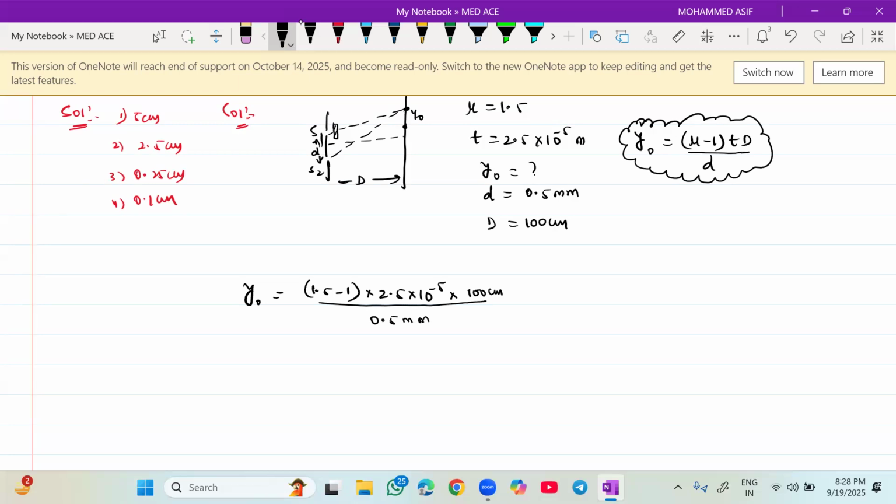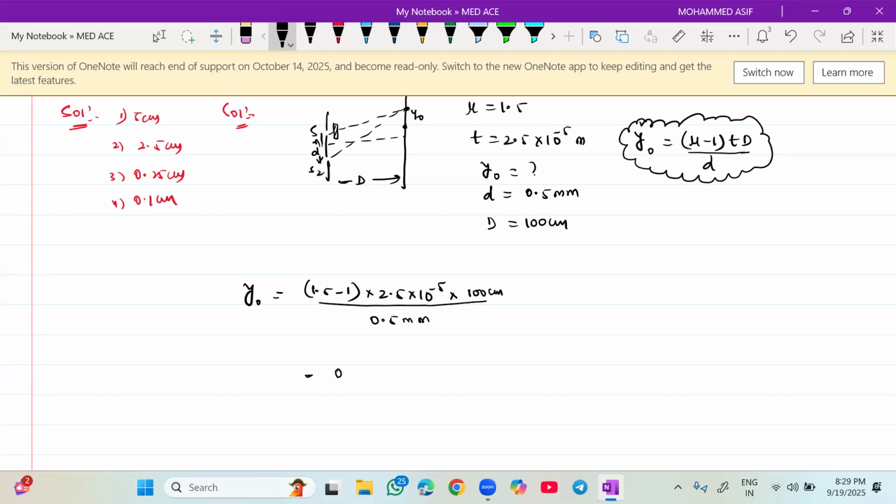Am I clear with this one? So everything you convert first into meters, then you try to simplify the given condition, that will be more easy. So 1.5 minus 1 will be equal to how much? 0.5.